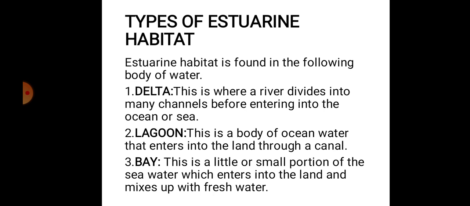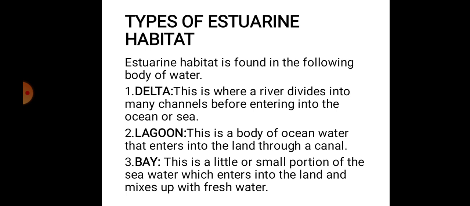So let us look at number two, lagoon. This is a body of ocean water that enters into the land through a canal. So the opportunity of mixing with fresh water from rivers and streams is as a result of the lagoon.